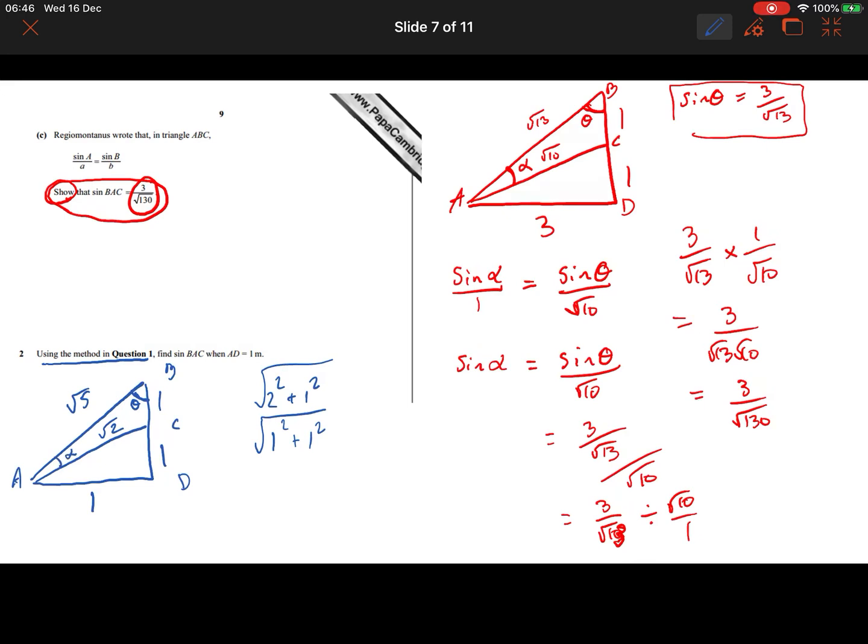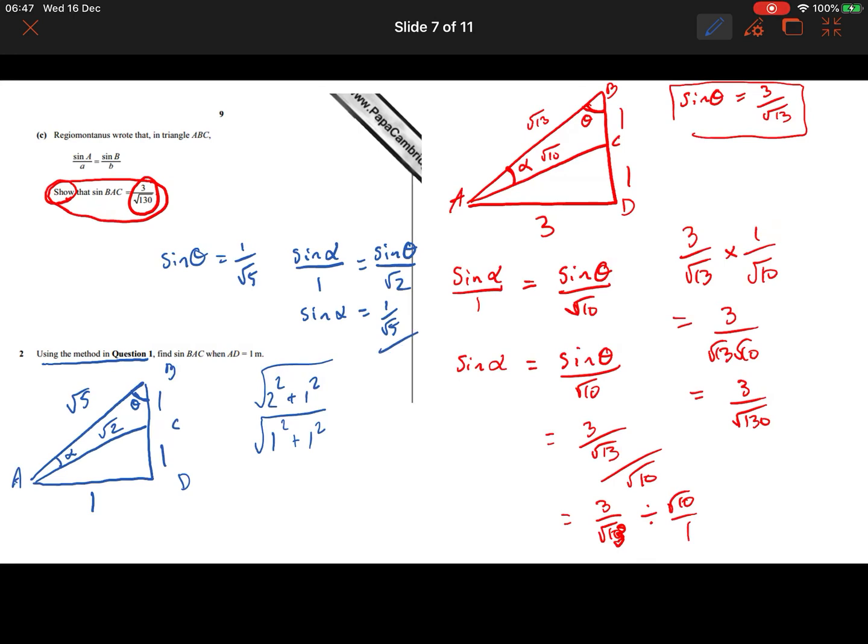Okay. So we're going to find the sine of, I'll call that theta and that alpha. Why not? I just find it a little bit easier to use that notation. So sine of theta, I can just use right-angled triangle, is going to be 1 over root 5. And so now sine of alpha over 1 is equal to sine of theta over root 2.